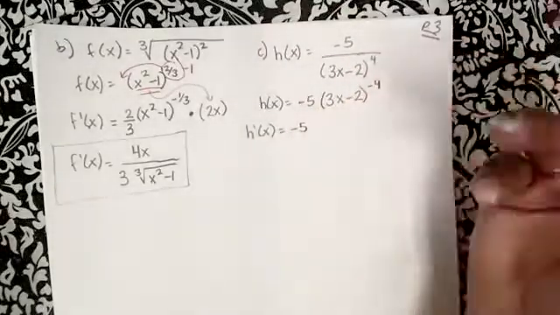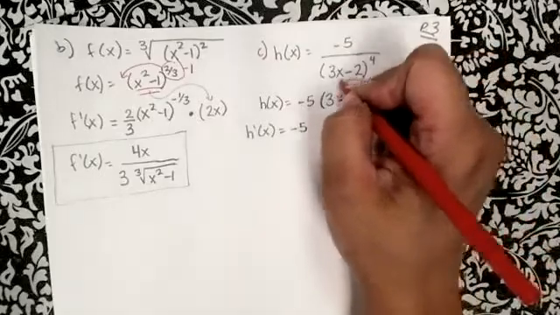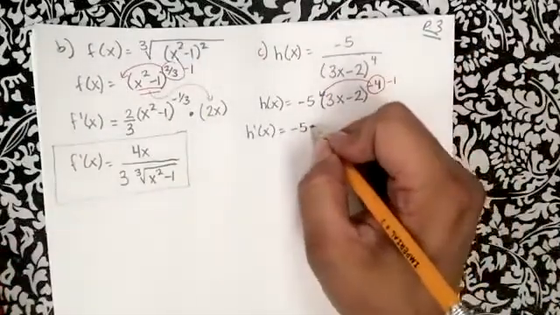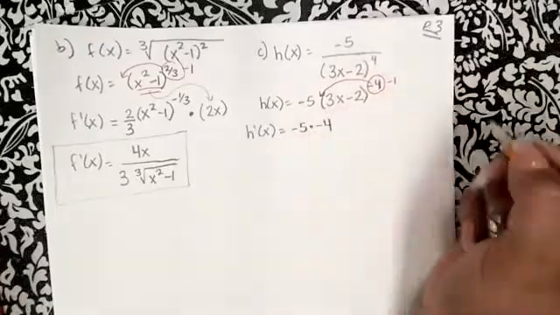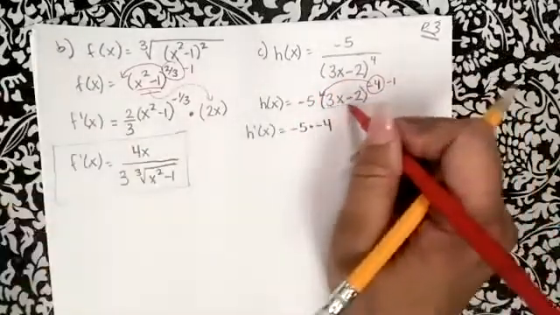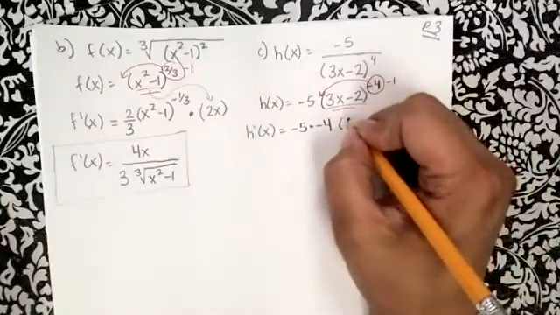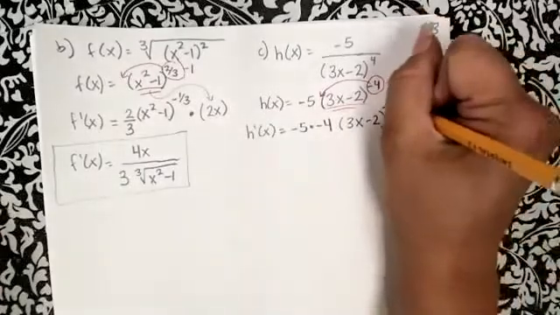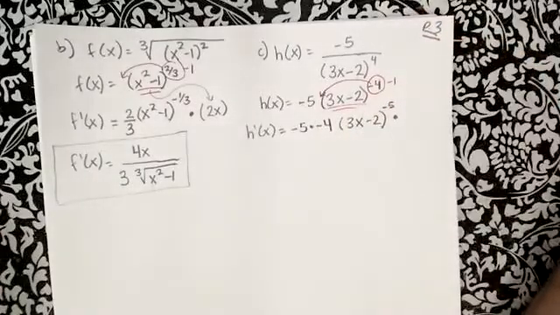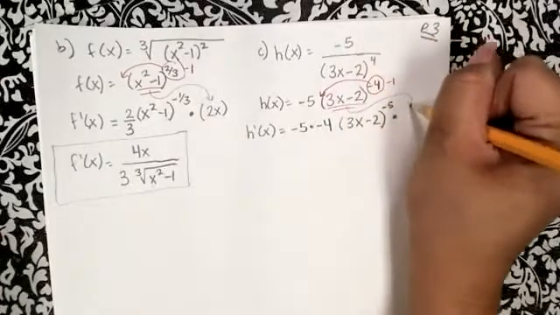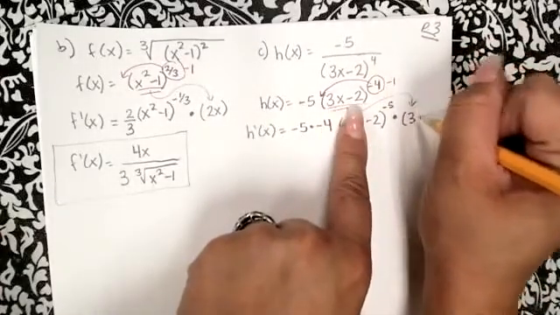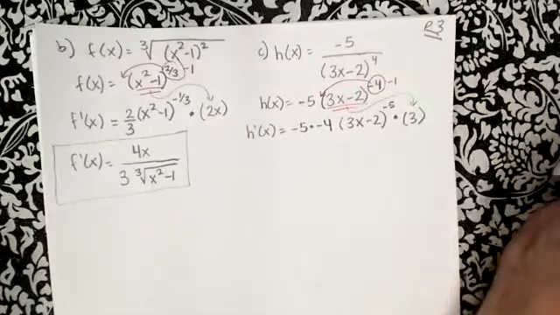So you're going to bring down the -4. So I'm going to multiply the -5 by -4. I'm going to keep this the same, which is a 3x minus 2. And then -4 minus 1 is going to be a -5. Then you're going to take the derivative inside. So the derivative of 3x is going to be a 3, and the derivative of 2 is going to be 0.